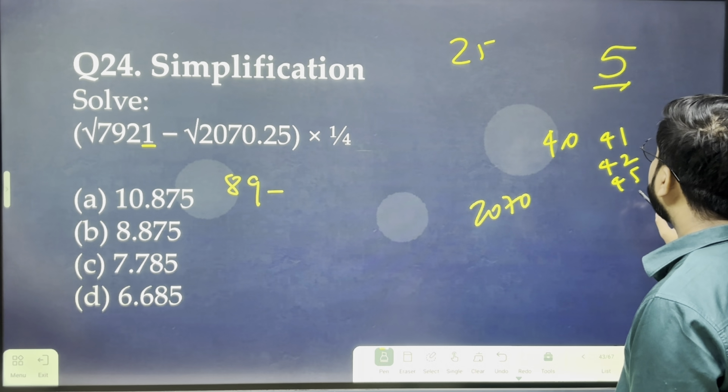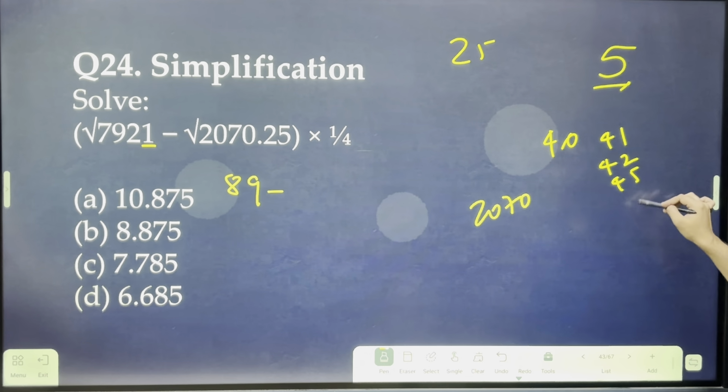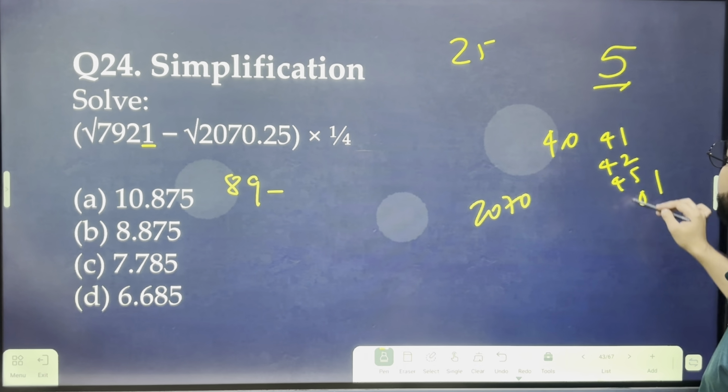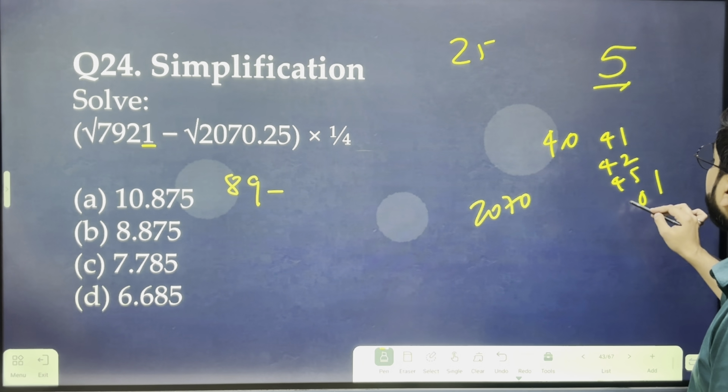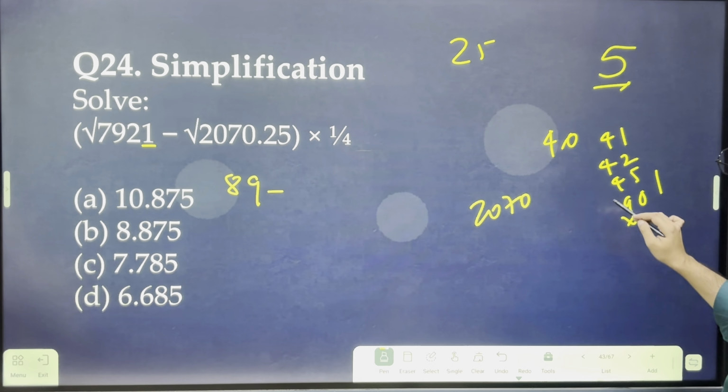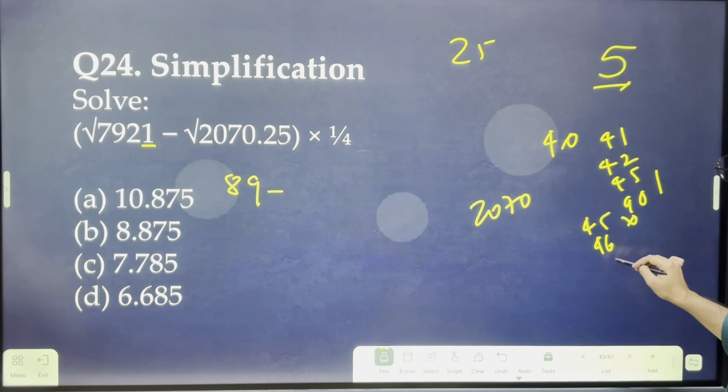That becomes 5 into 10, 4 into 8, 5 into 4 is 20, plus 8 is 28, 29. No, it is not making 7, 45, 46.